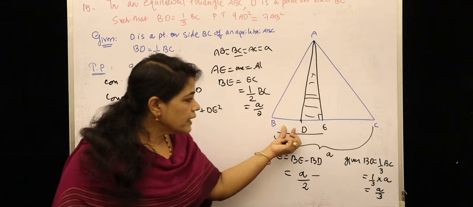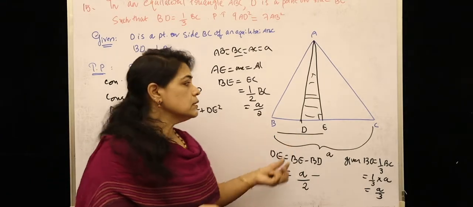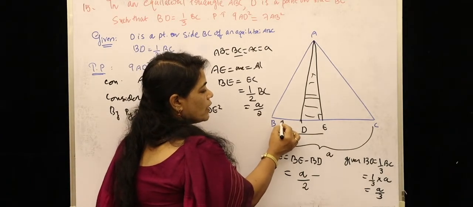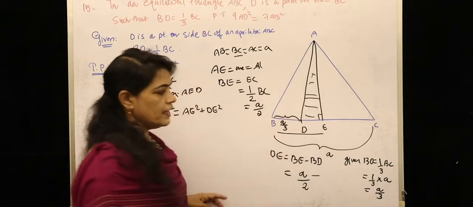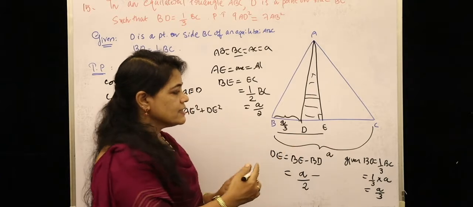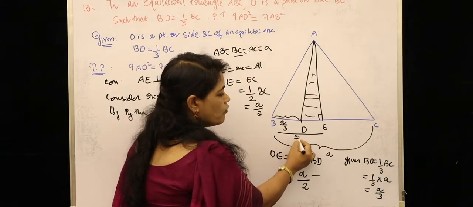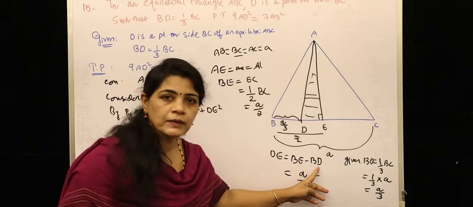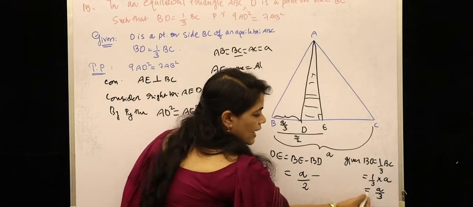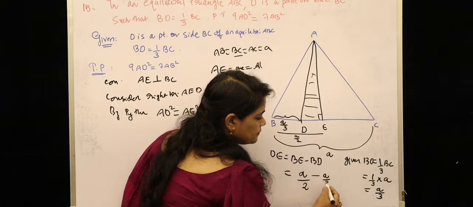That means here BD is 1/3 of A or A by 3. This is the length of BD, and BE is exactly A by 2, half of BC. So we are going to substitute BD, the value as A by 3.